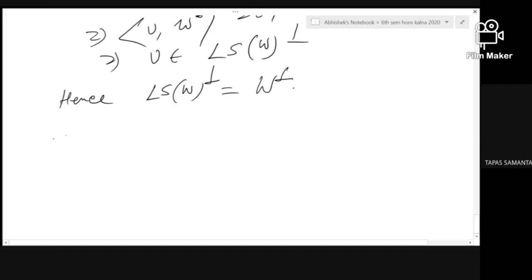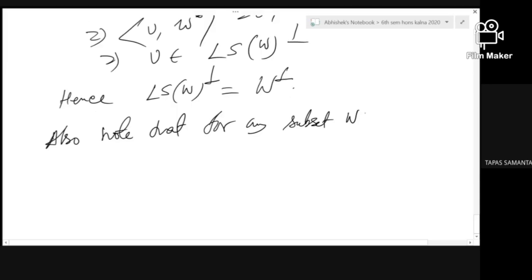And also note that for any subset W of the vector space V, W intersection W perp equals the singleton theta. But why?